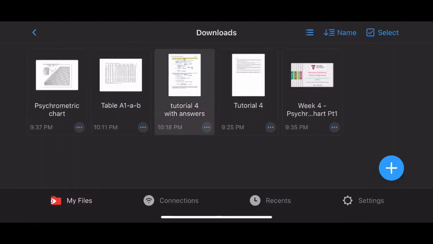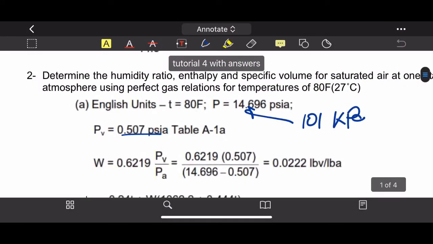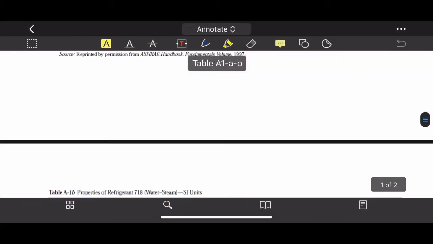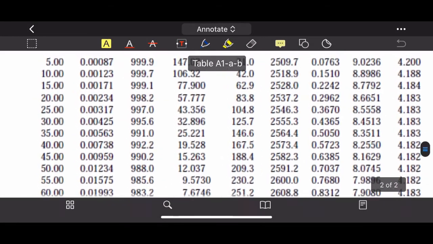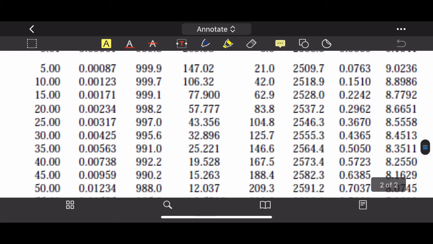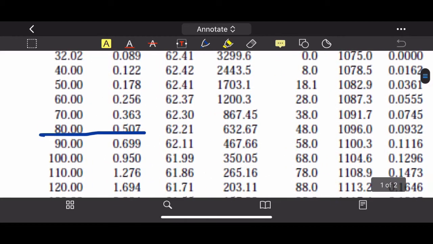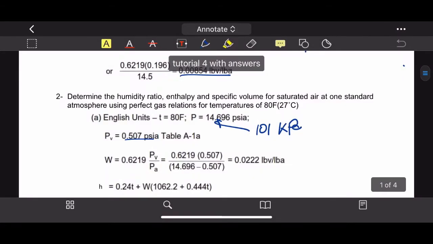For SI unit, 27 degrees C, you have to find using interpolation, and you cannot approximate it because 27 is far from 25 and also far from 30. Now in this case, I'm using the simplest one for my tutorial, 0.507. Let's go back to our question.